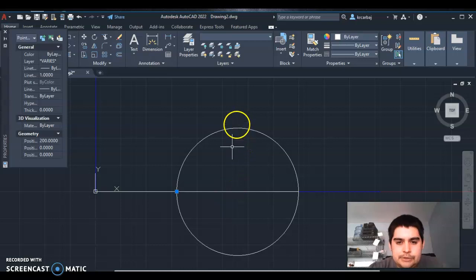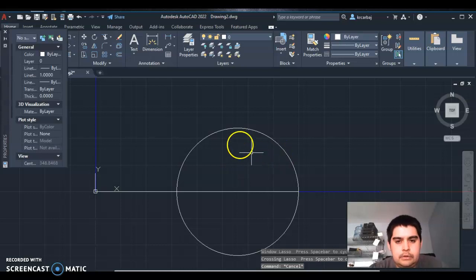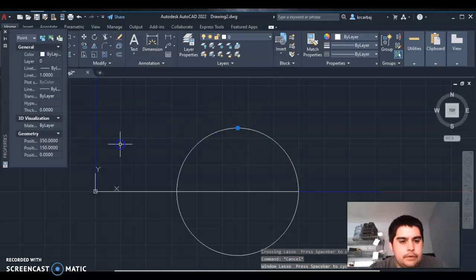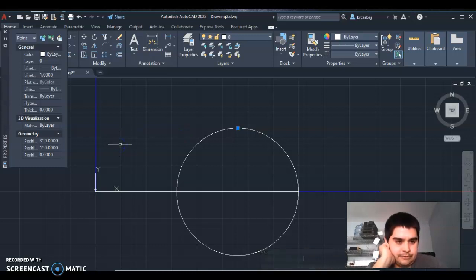Point from the circle. So our normal stress is 350, and our maximum shear stress is 150. So for part A, maximum shear stress is going to be 150 kilopascals.